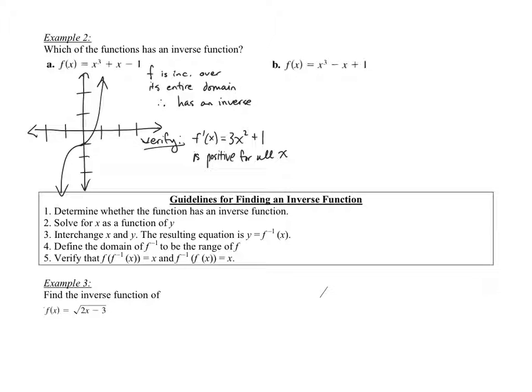Therefore, we're proving it's strictly monotonic. So f is strictly monotonic, and it must have an inverse function. Okay?